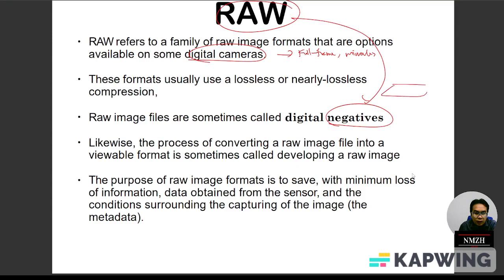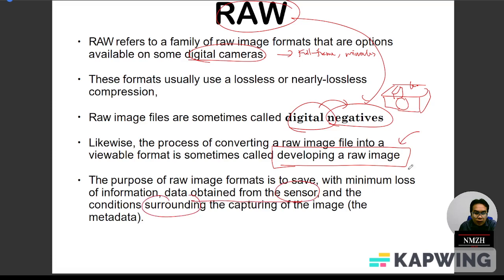If we talk about the previous cameras we had, like Kodak, inside there would be film. It is the same with the digital negative for that particular camera. The process of converting a raw file is sometimes called developing a raw image. It requires dedicated software. So same as the EXIF, the data could be sensors, surroundings, shutter speed, and so on.